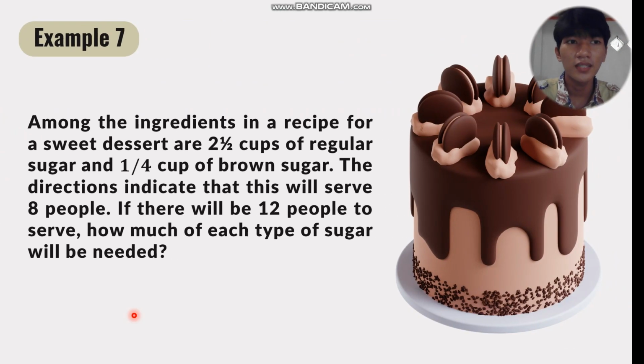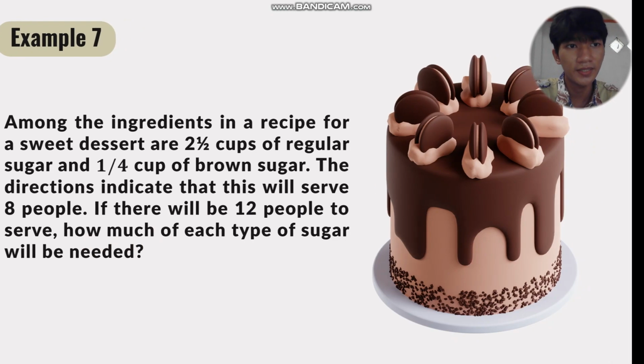The next example is example number 7. Among the ingredients in a recipe for a sweet dessert are 2.5 cups of regular sugar and 1/4 cup of brown sugar. The directions indicate that this will serve 8 people. If there will be 12 people to serve, how much of each type of sugar will be needed?